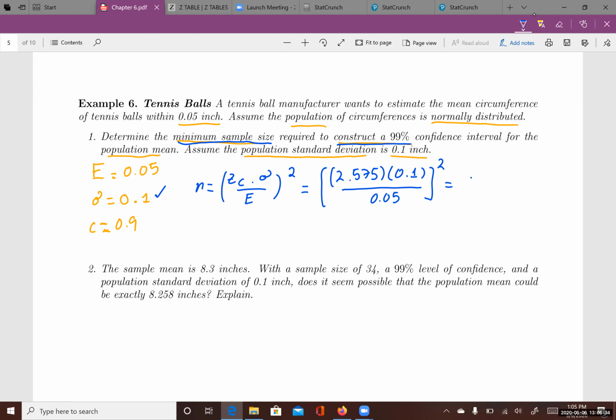So it's about 26.5, and you would round it up to 27. So you need to select a sample of at least 27 balls in order to estimate the mean circumference within 0.05 inch.